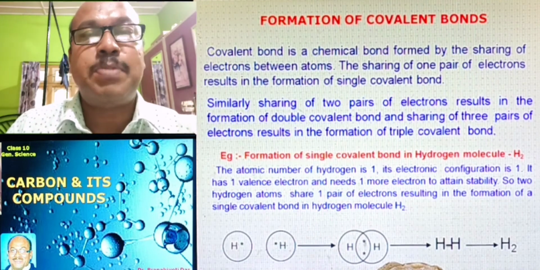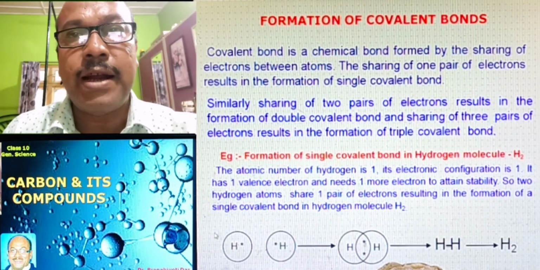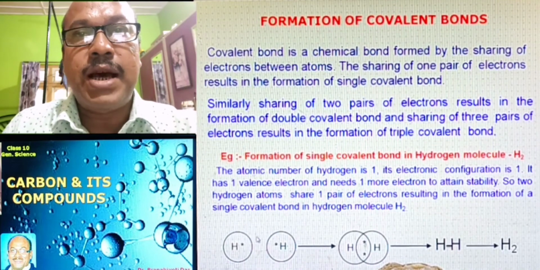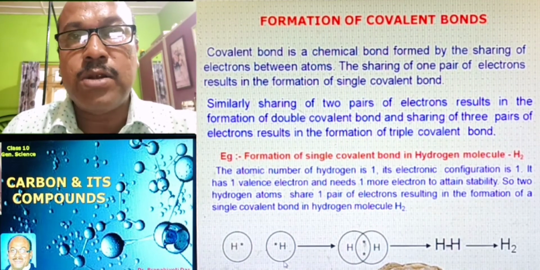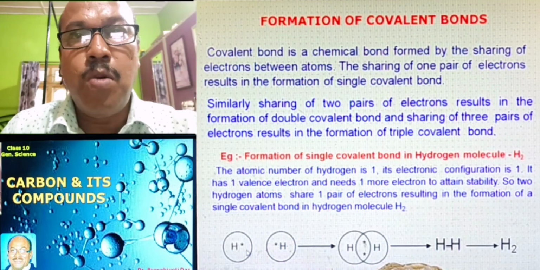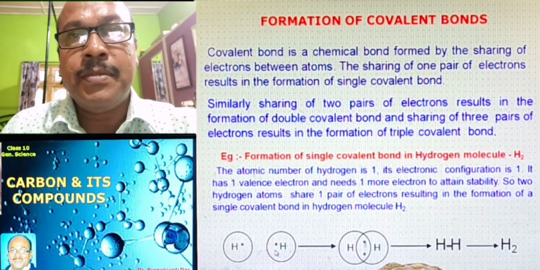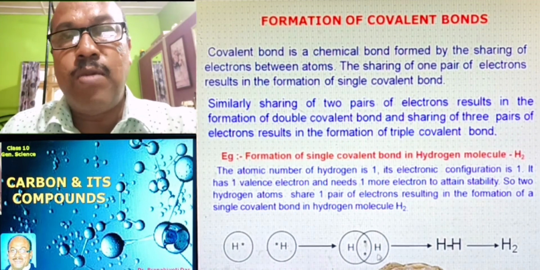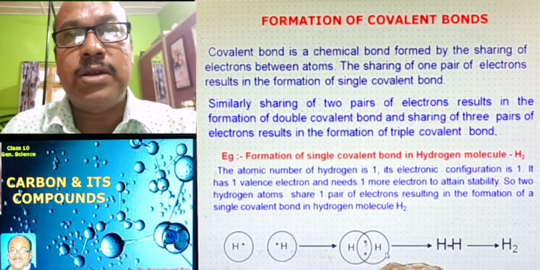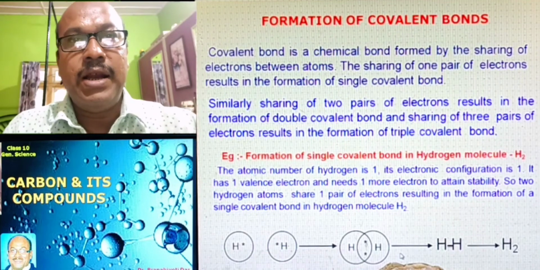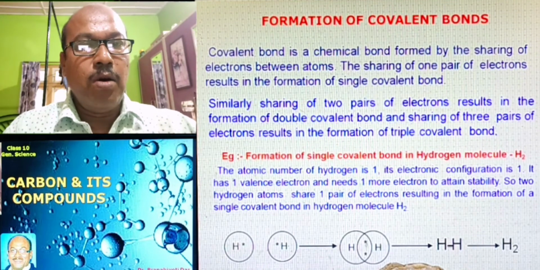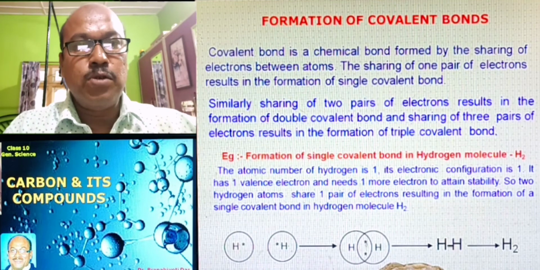We can explain it by taking the help of this diagram. You can see here, this is the diagram. We are having this first hydrogen atom and this is the second hydrogen atom. Both the hydrogen atoms have one electron each. So they are unstable. To get stability, they are sharing one pair of electrons. Means both the hydrogens are keeping their electrons in such a place that both the hydrogens mutually can occupy this hydrogen to be their own.